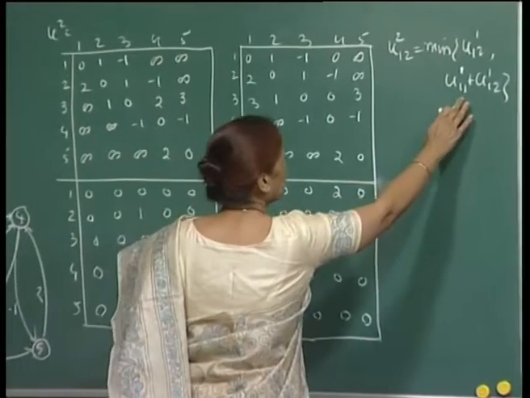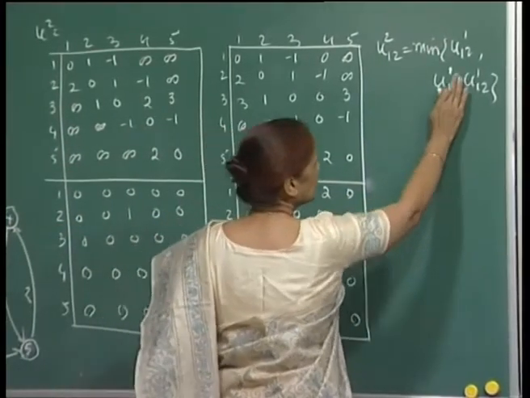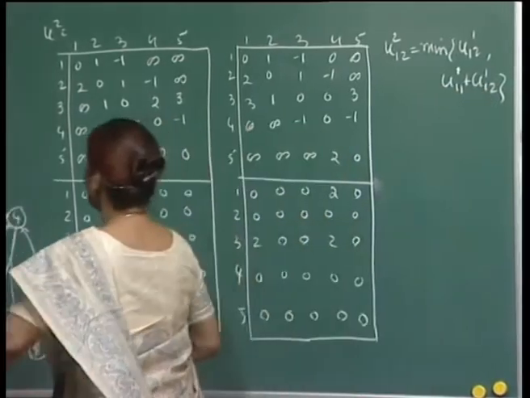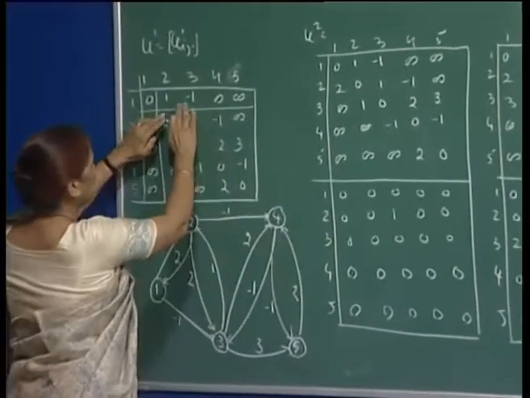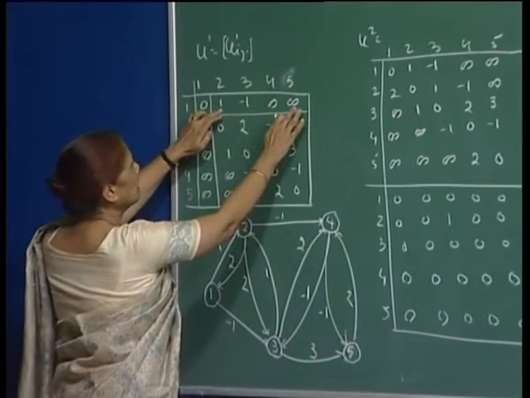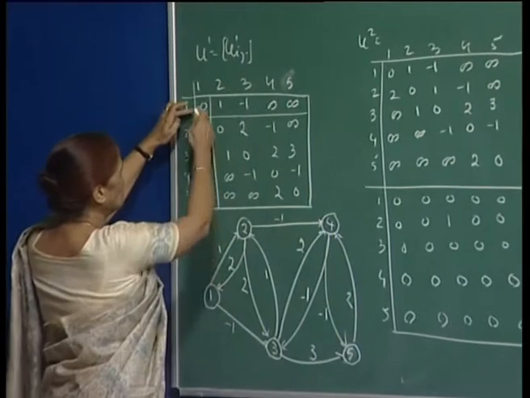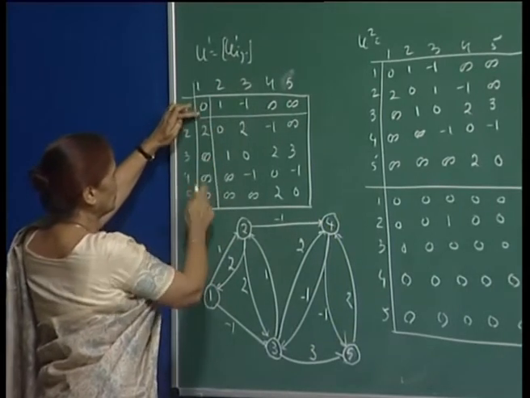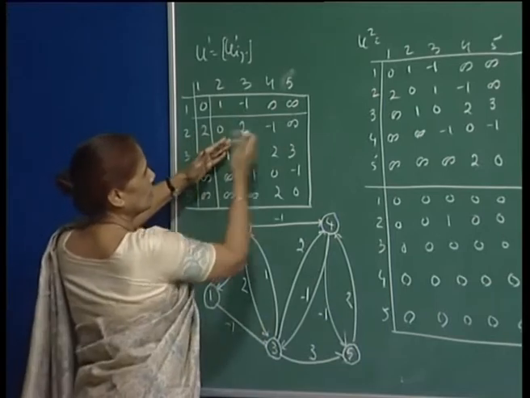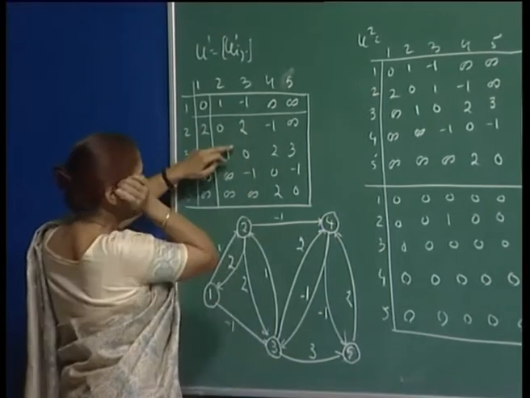This would be the computation, but it will not make a difference since we are taking the diagonal elements to be 0. So, for the distances for the corresponding pair of nodes there will be no change. It is only for the other entries that the change can take place.